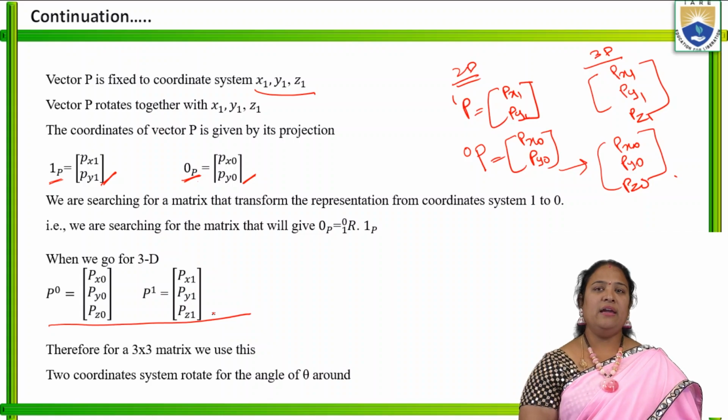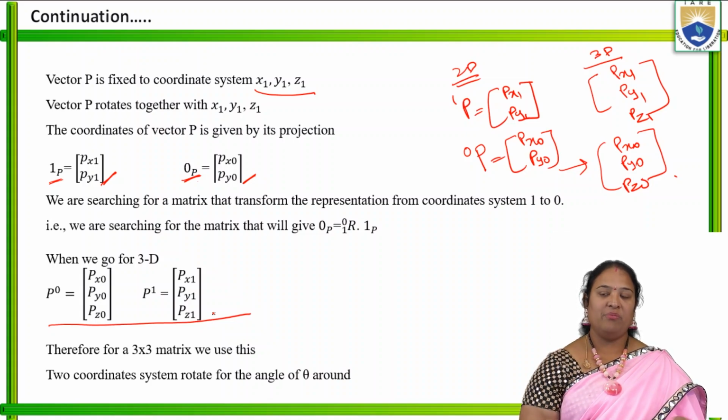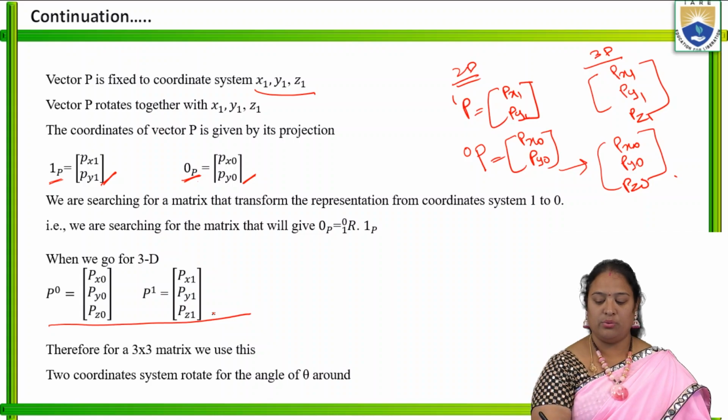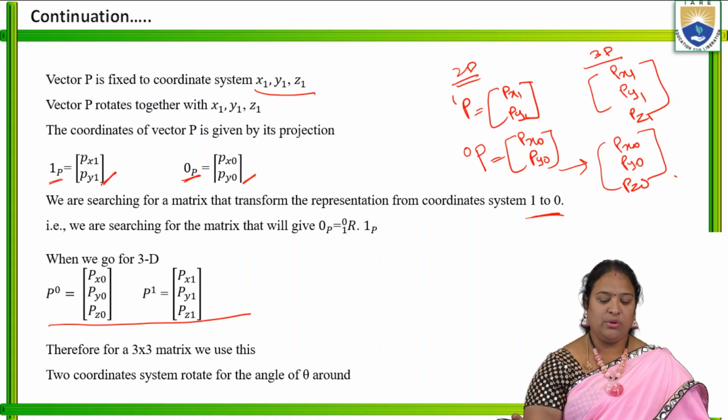That is, here in the rotational matrix, we are searching for a matrix that can transform the representation from coordinate system 1 to 0. Clear? Here in the rotational matrix, we are generally searching for a matrix which gives us the transformation from coordinate system 1 to 0.